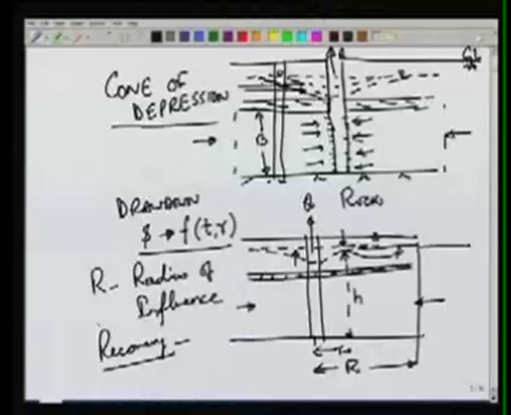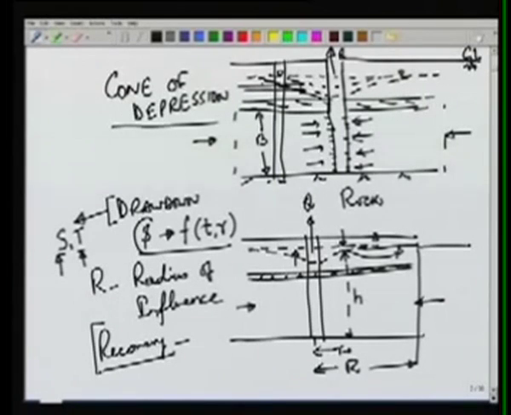So all these are important in the sense that if we measure the drawdown, it depends on the aquifer properties S and T. If we measure the drawdown, we can estimate the parameters S and T from the observed values of s, small s, which is the drawdown.